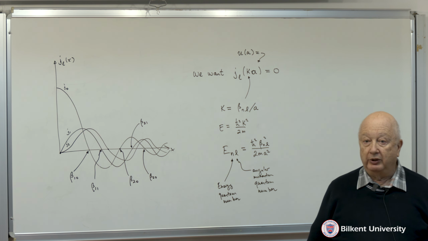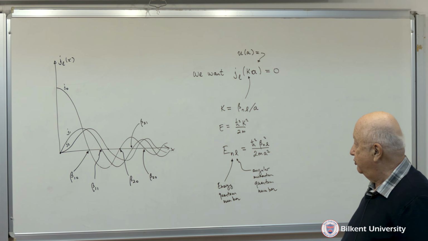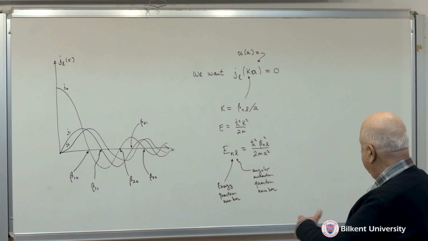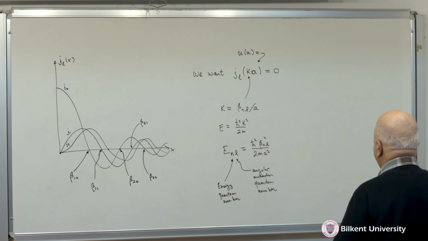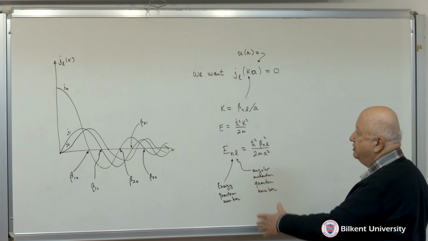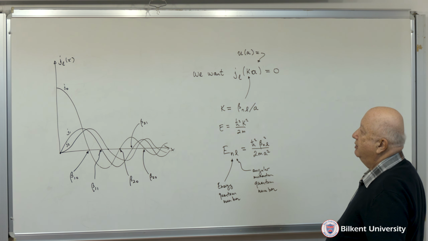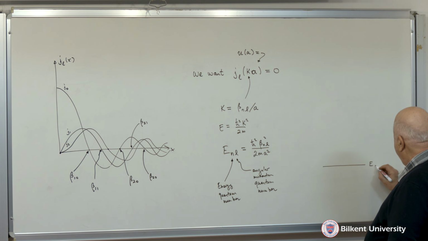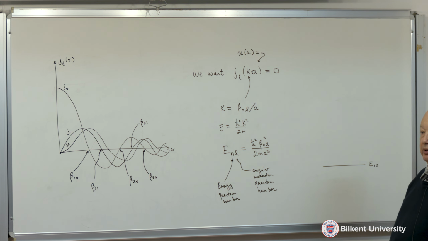So what am I going to get for the energy levels? The lowest energy level is going to be the case for L equal to 0. This is the first n for L equal to 0, the one that we calculated when L was equal to 0.